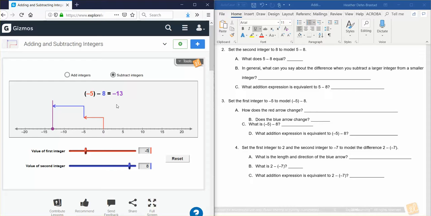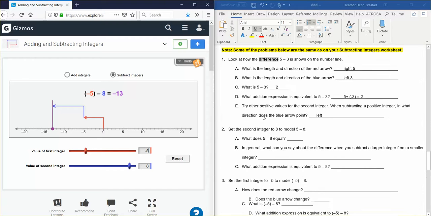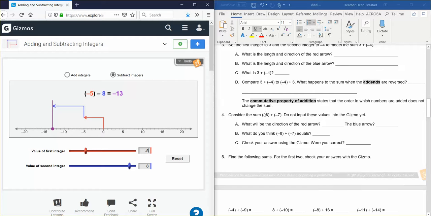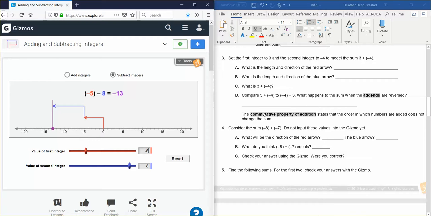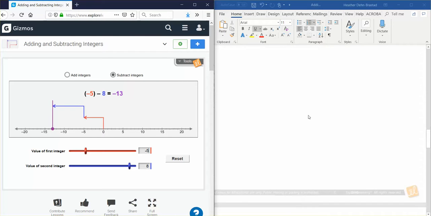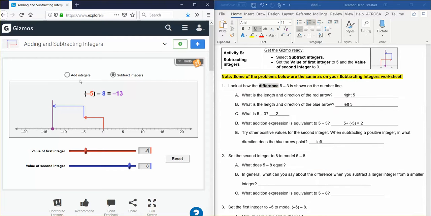We did a problem like this on the first part of the worksheet in the first video. Maybe it wasn't quite exactly that, but it was close to this one. Let's see if we can figure out exactly how we would get negative 13 when subtracting if we start with negative 5. If we start with negative 5, that doesn't give us 13.